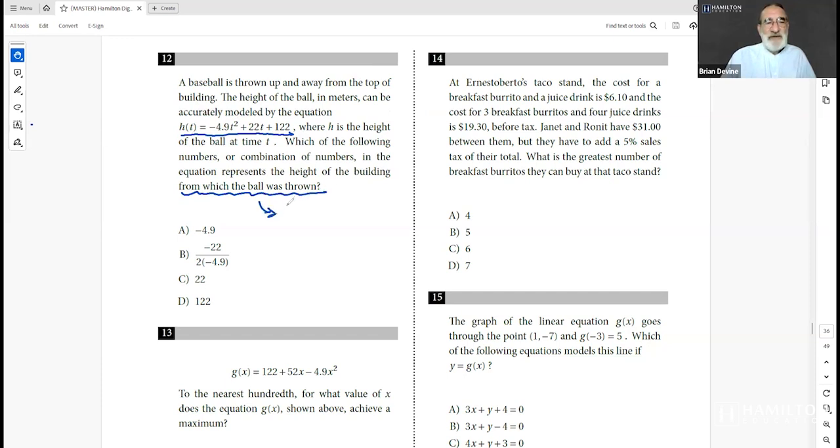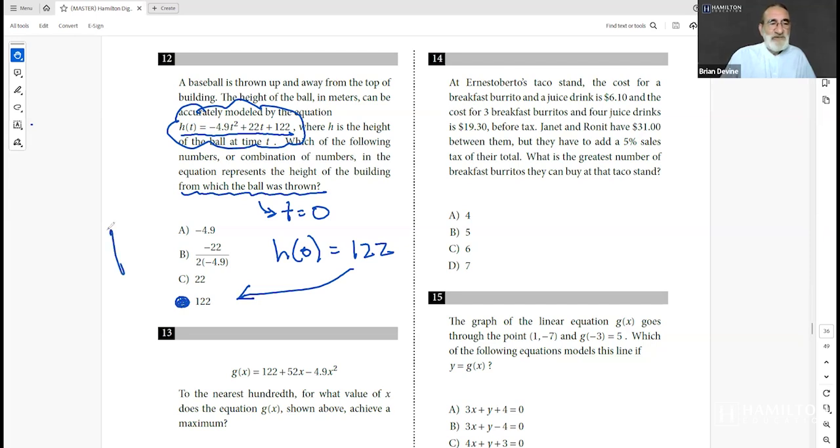Well, that would have to be when t equals 0. And if I stick 0 into this equation, h of 0 equals 122. So we threw it from a building that was 122 meters high. D is your answer.